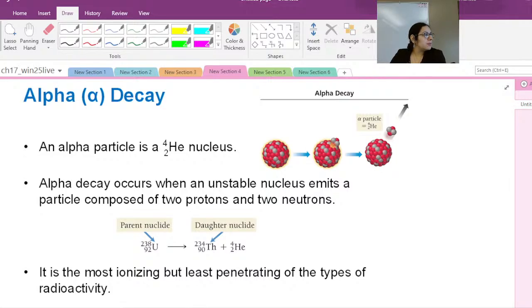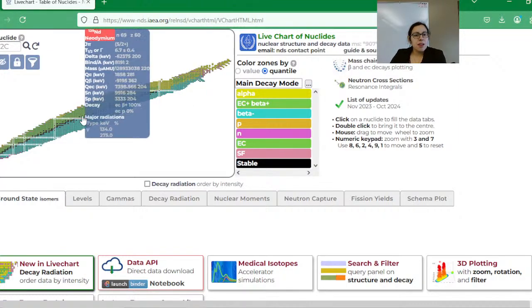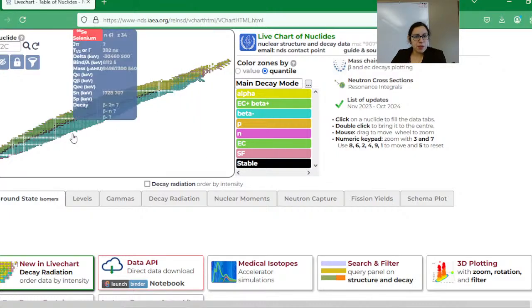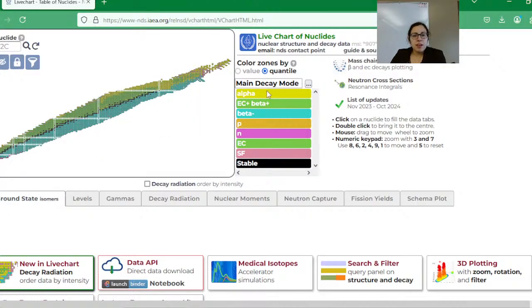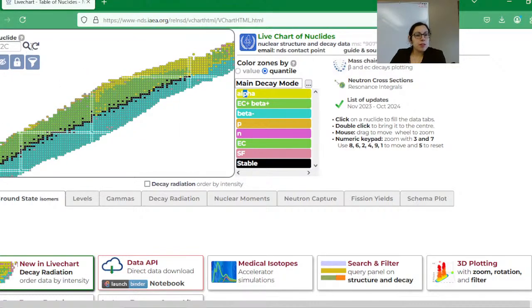And also, again, if you ever get bored, you can look at this chart of the nuclides. This tells you all the atoms and all their decay pathways. See if we can zoom in on this, of course.